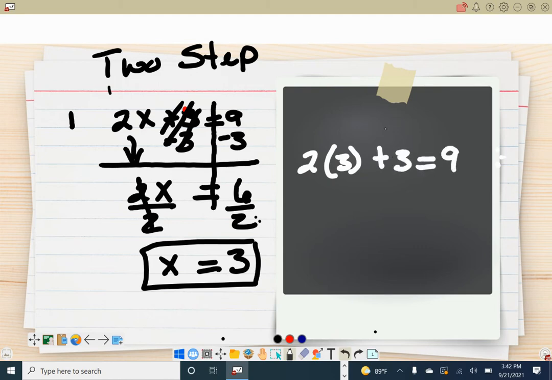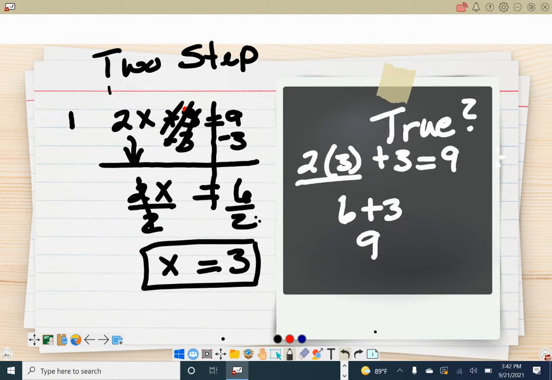And I'm looking to see if this is true. If it comes out true, then yes, I have the right answer. 2 times 3 is 6, and 6 plus 3 is 9. So it checks, right? I can check my work on all of these.